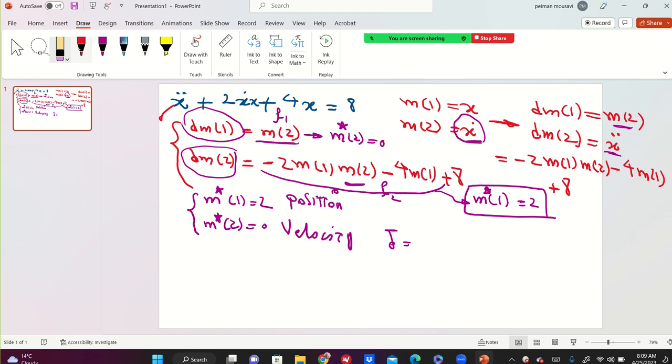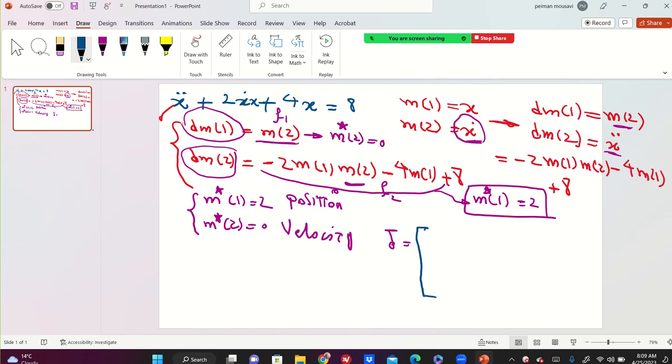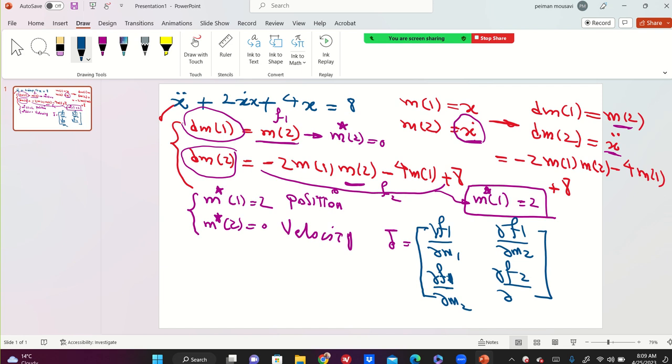So you're going to have the partial derivative of F1 with respect to M1, partial derivative of F1 with respect to M2, partial derivative of F2 with respect to M1, and partial derivative of F2 with respect to M2, at the equilibrium points M1 and M2.